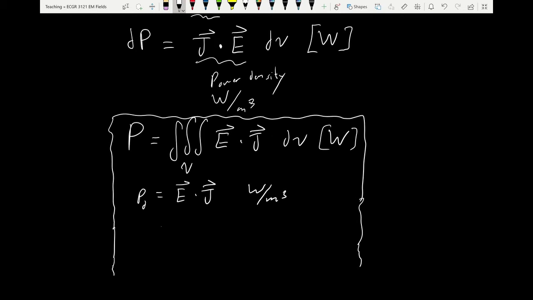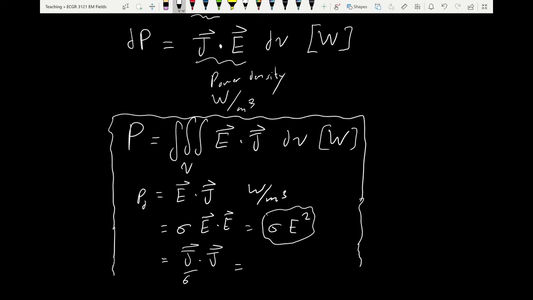So I can rewrite this as, of course, I know J is sigma E. So I can rewrite it as sigma E dot E, which is sigma E squared. So that's one expression. Or I can rewrite this with E being J over sigma, so J dot J over sigma.